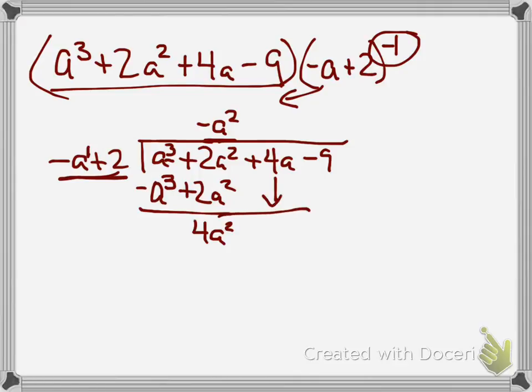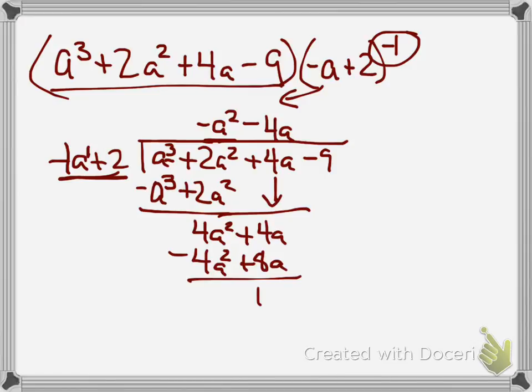Bring down the 4a. And then say, okay, what do I need to multiply to get a 4 here? I've got to multiply by a negative 4, because again, when I first initially write this, it needs to match. And it needs to be negative 4a, because negative 4 times a negative 1 gives me positive 4. A times a gives me a squared. Then negative 4 times 2 gives me negative 8a. Change the signs, and I'll have 12a minus 9.